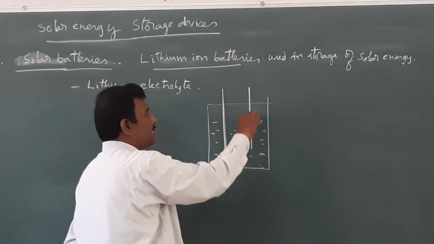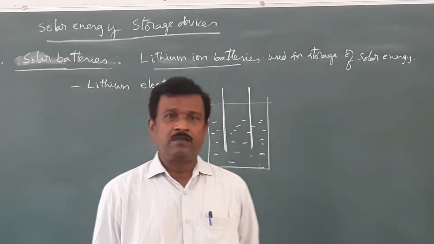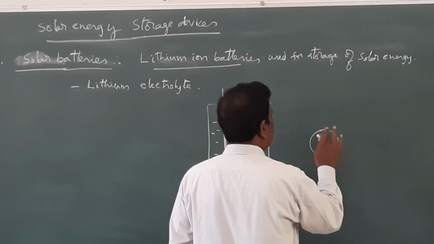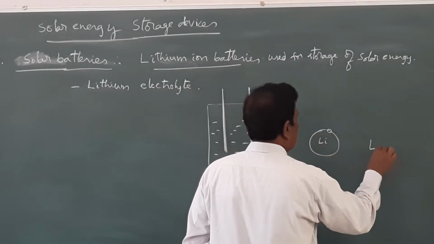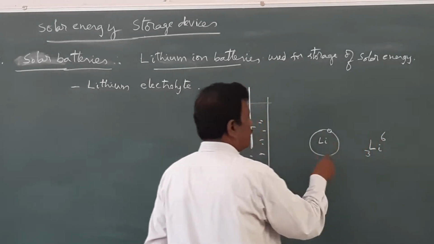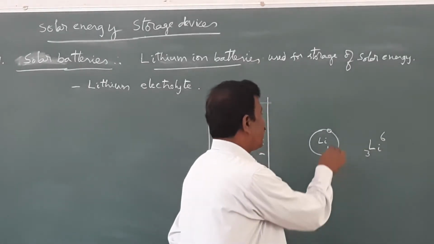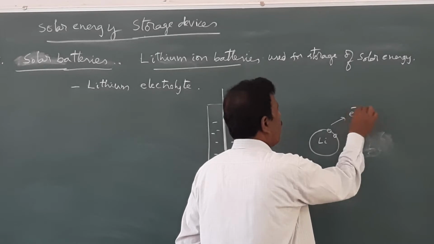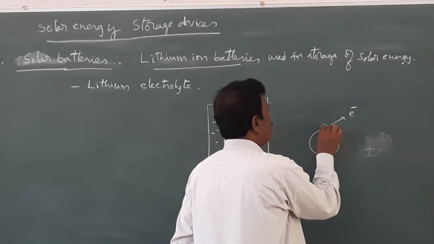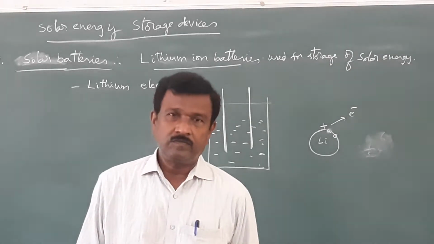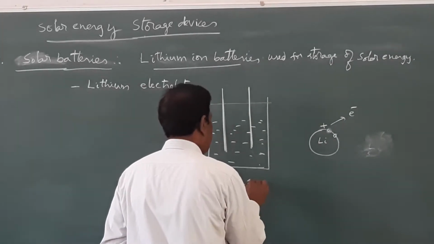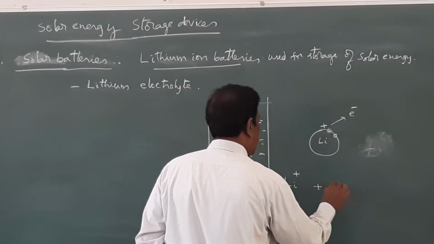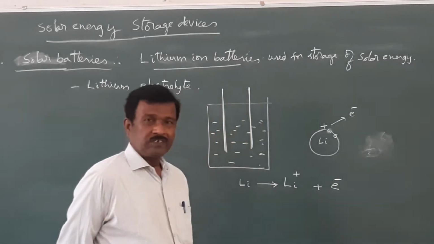When the battery receives solar energy from the solar panel, the lithium atom has electrons in the orbit. When a lithium atom loses an electron, it will become a lithium plus ion. Therefore, a lithium atom will dissociate into lithium plus ion plus electron.